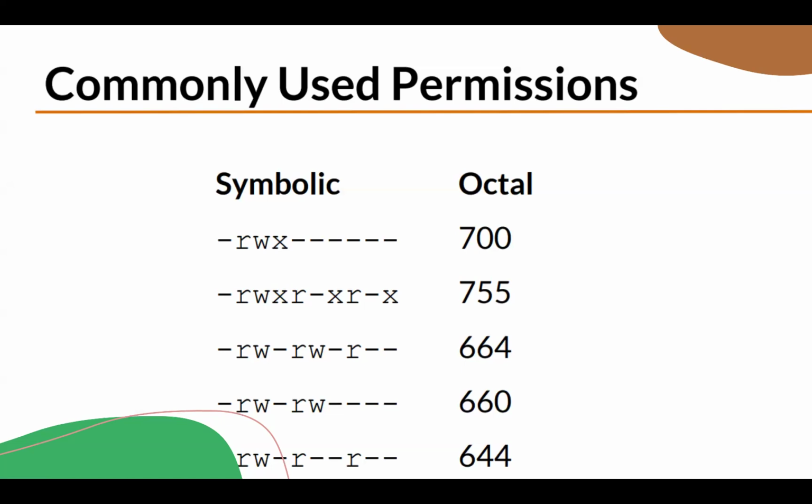If you are ever tempted to use 777 or 666 for permissions, ask yourself if there is a better way to do that, because giving 777 permissions gives everyone on the system full access to that file or directory. If you give all the access to others also, it will lead to some trouble.